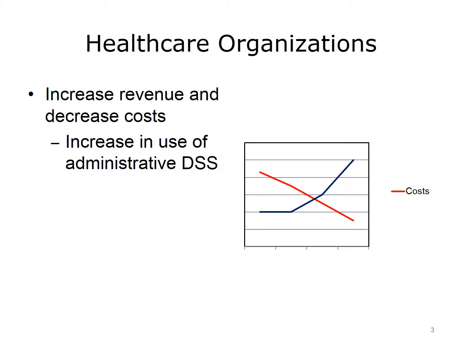For healthcare organizations, the interest in increasing revenues and decreasing costs has been a constant throughout the past 50 years. But beginning in the 1980s and continuing to the present, we have seen an increased interest in using information systems to assist with this goal.